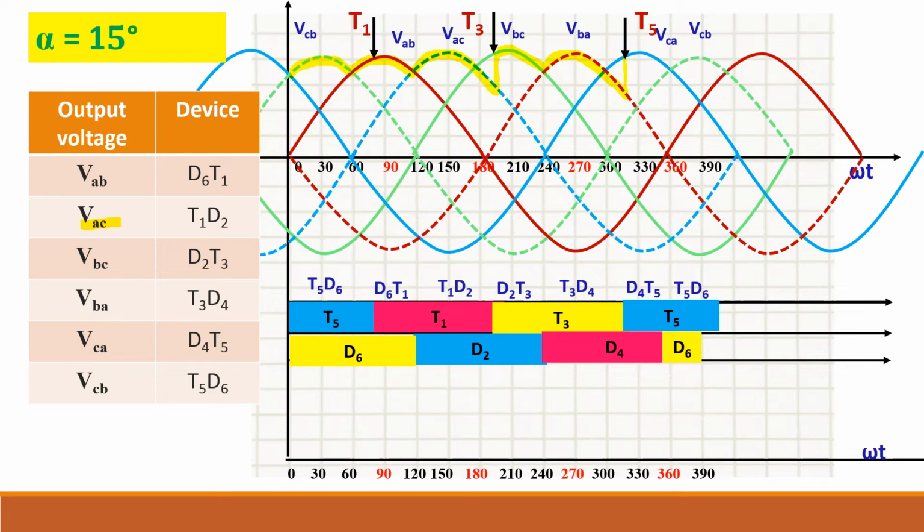Now you can see that the waveform is not symmetrical. If you draw this, you will get this type of waveform. That is why I always say draw the line voltage waveform and trace the output waveform from that, so that you can easily draw the output voltage waveform.